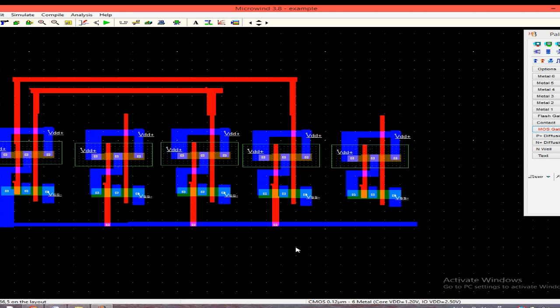So after this, the structure still needs some alignment from this position. So I have to take the metal one over here, and I will take metal gate likewise, and I will take it to this position.